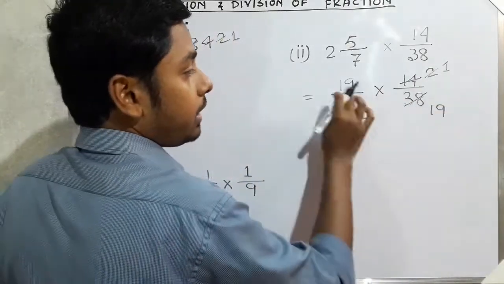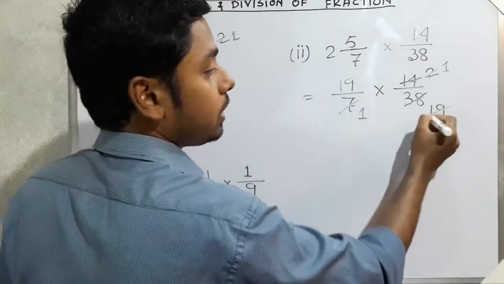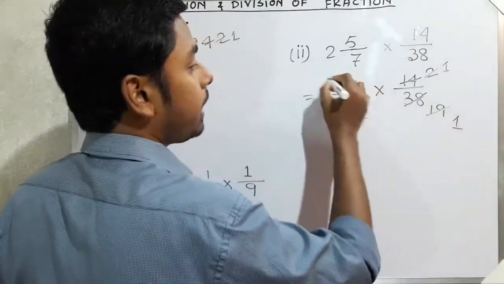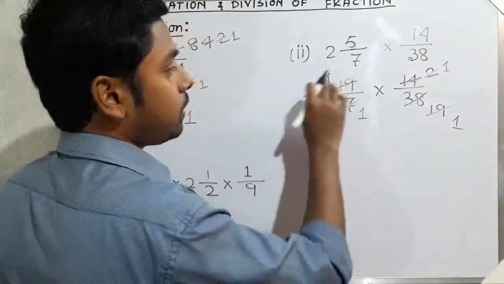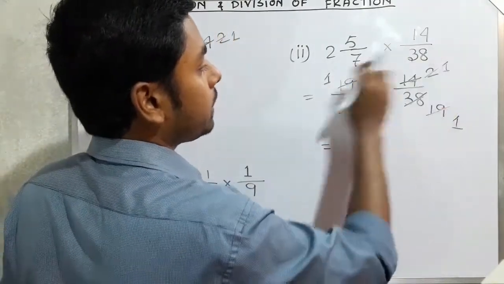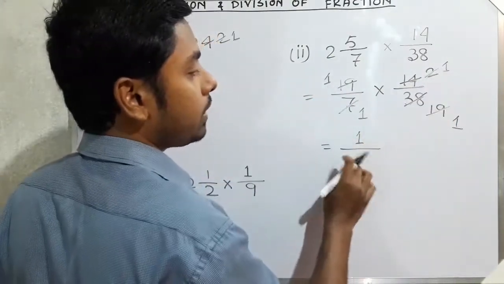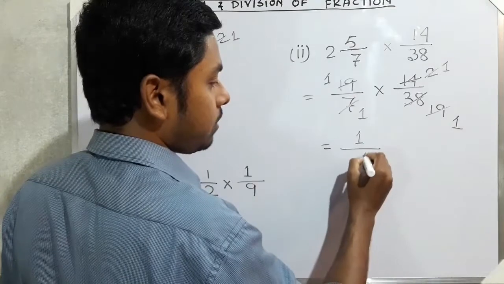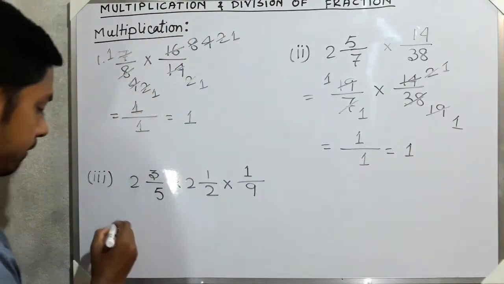Now here 19 and here also 19. The common factor is 19, so 19 1s are 19 and here 19 1s are 19. So we have got 1 into 1, which is 1, and here also 1, that means here also we have got 1. No problem.